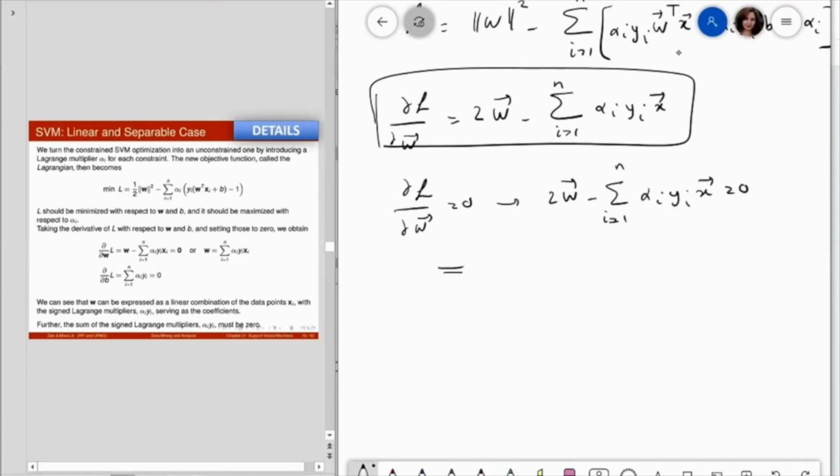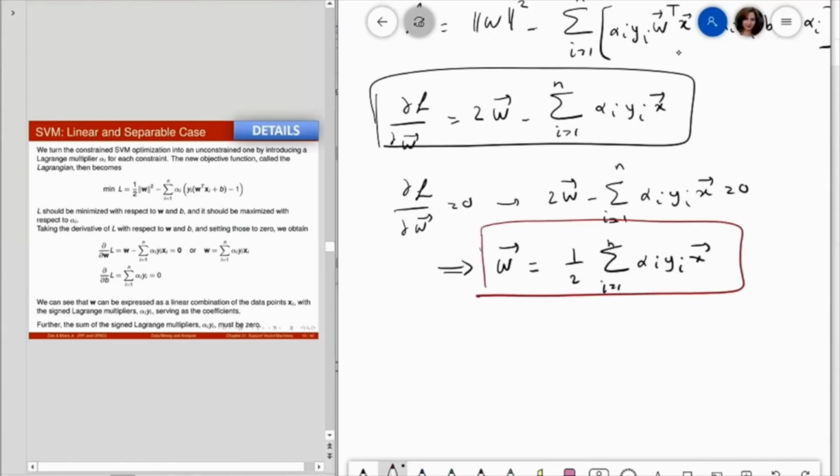So w is equal to 1/2 of sigma i equals 1 to n alpha i yi x. Okay, so this is for my w.